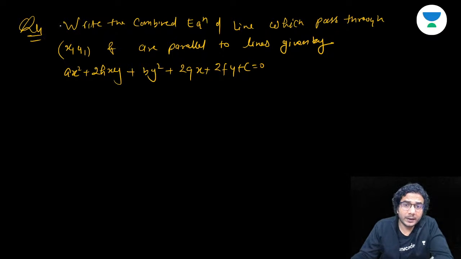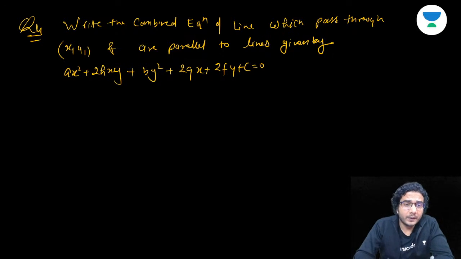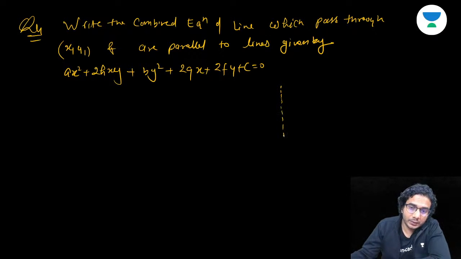We need to write the combined equation of lines which pass through x1, y1, a given point. It can be anywhere, but not origin certainly, and are parallel to the lines given by these two. So basically what we need to do is, I'll show you the diagram. Combined equation of two lines is given.